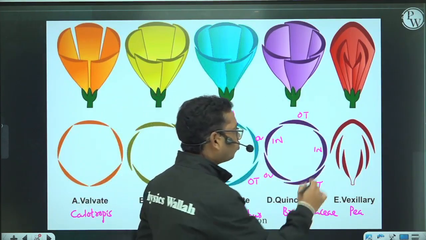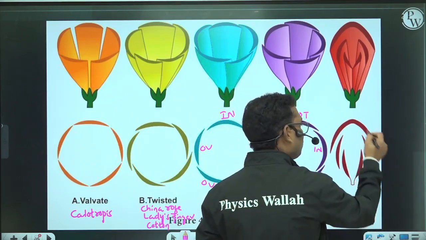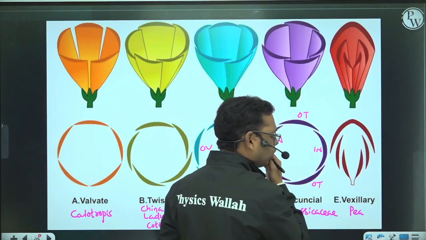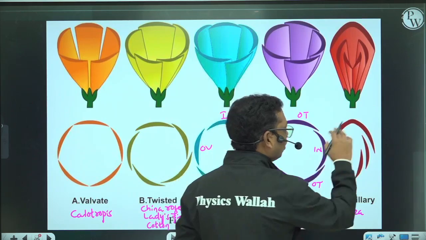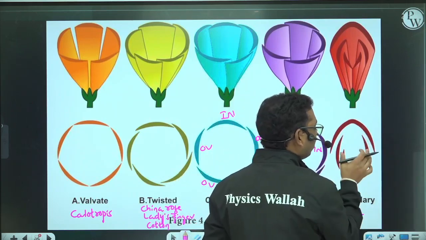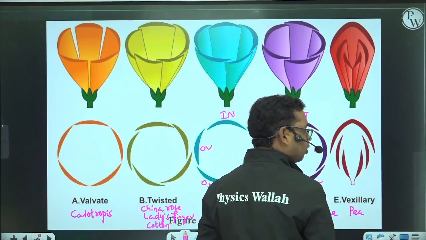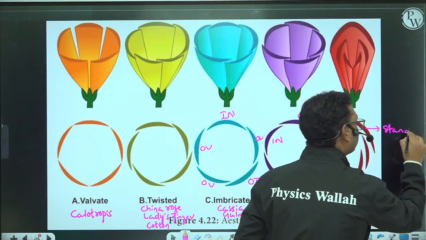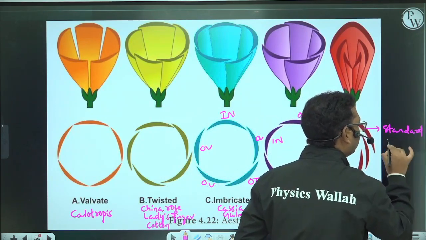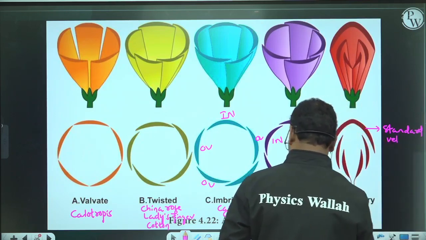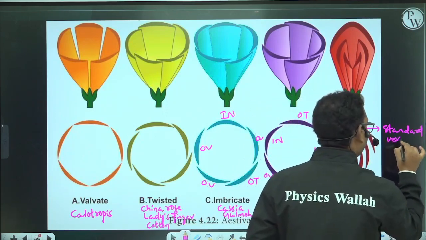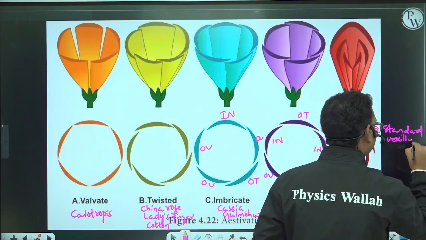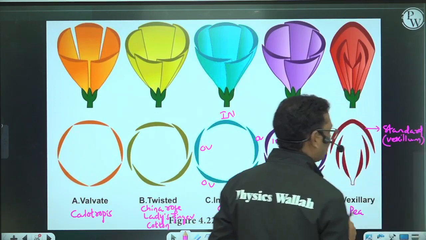And here this is one petal. This single petal is covering and surrounding these two small petals, and this petal is called the standard. This is also called the vexillum.